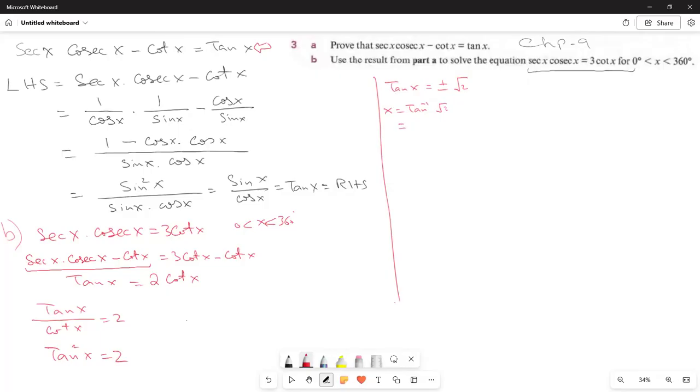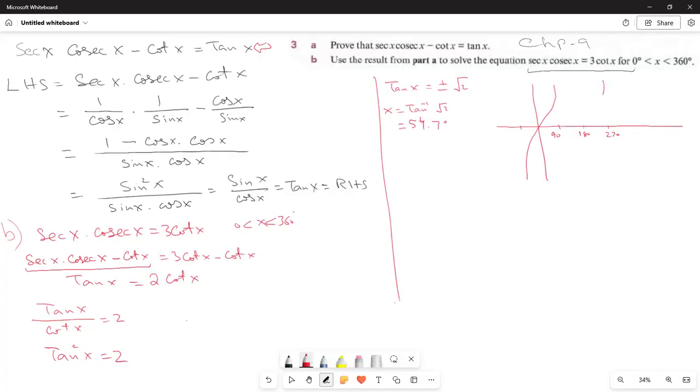If I use a calculator, my answer comes out to be 54.7 degrees. Now what is the other answer? If I make a sketch of tangent x, remember we talked about it before, tangent x goes from minus 90 to 90, and then again from 90, through 180 and 270.